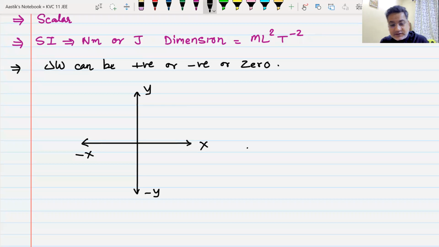Displacement does not decide whether the work done is positive or negative. It is not the force that is applied either. There is a factor there. If you look closely enough, you will see the factor that decides whether the work done by the force is positive or negative. What is that factor?